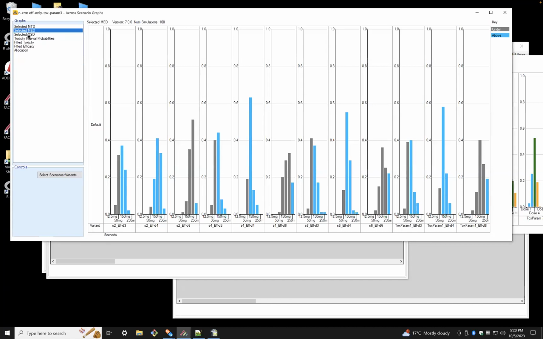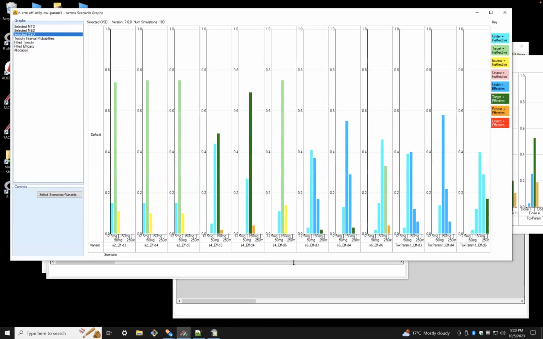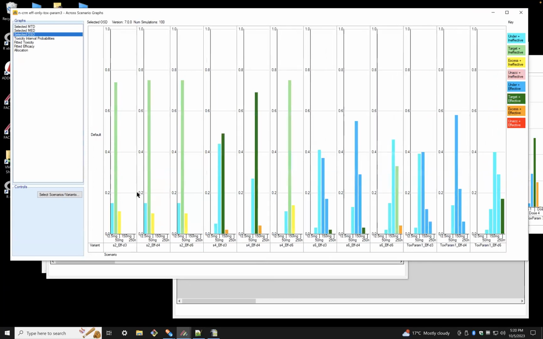Perhaps more interesting is what we call the OSD, the optimal selected dose, which is a bit of a posh way of simply saying, if the MED is available, pick the MED. If it's not available, because it appears to be above the MTD, then pick the MTD.